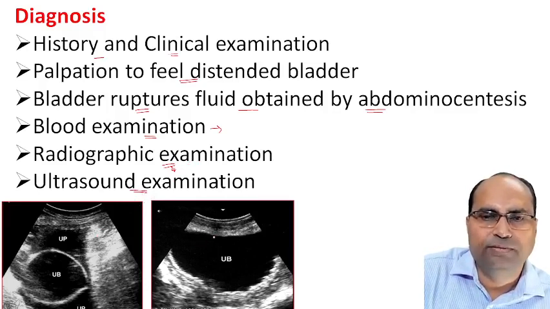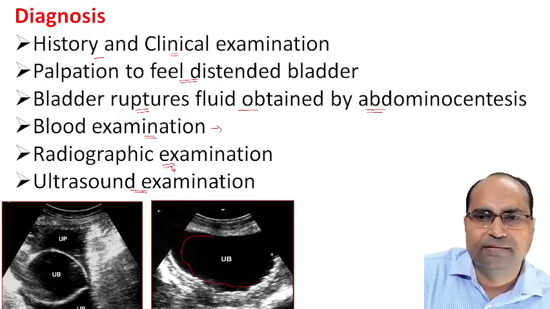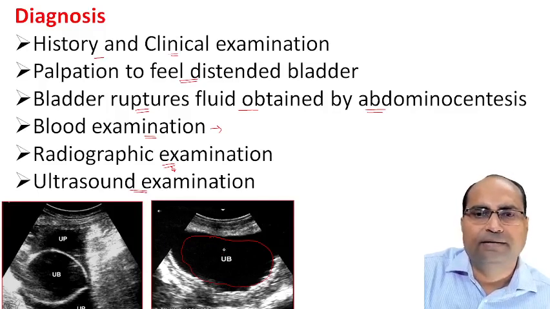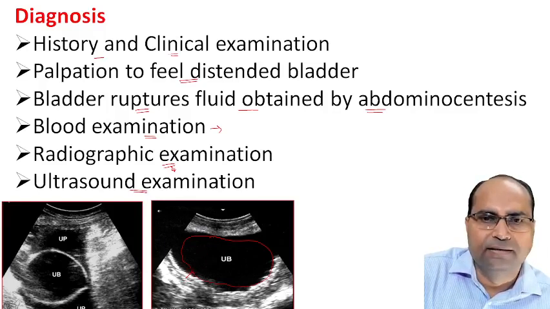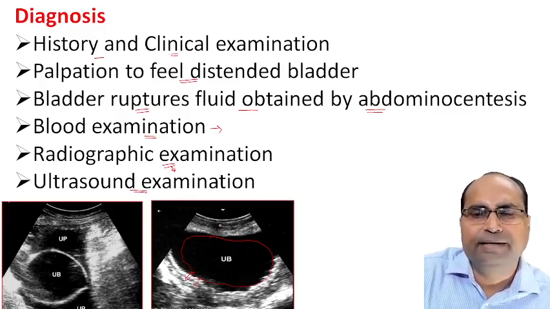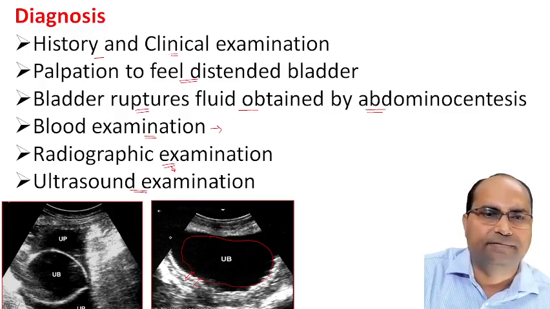When we perform the ultrasound, if the bladder is intact and distended with the urine, that also indicates there is obstruction of the urine, and if there is increased thickness of the wall of the urinary bladder, that indicates cystitis.